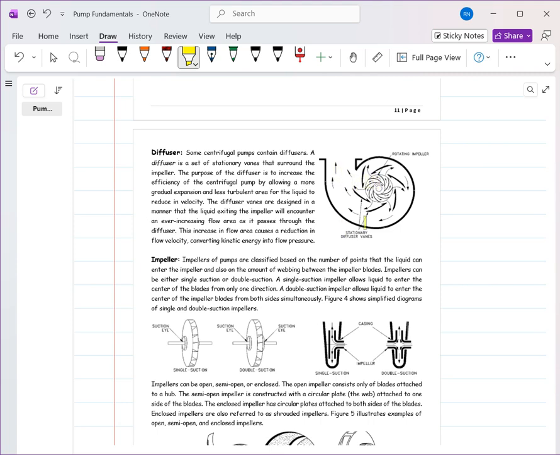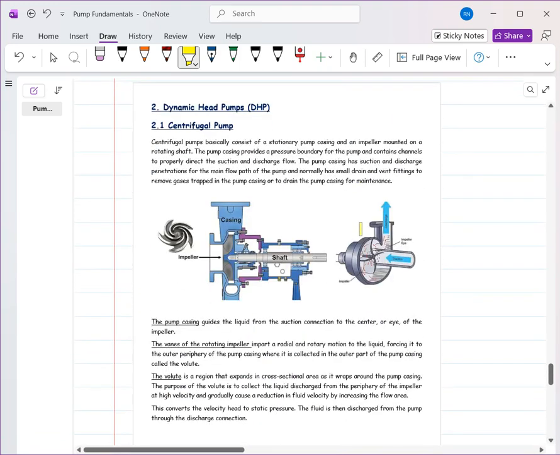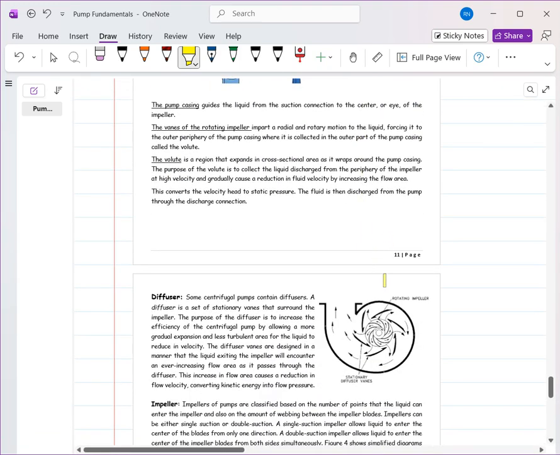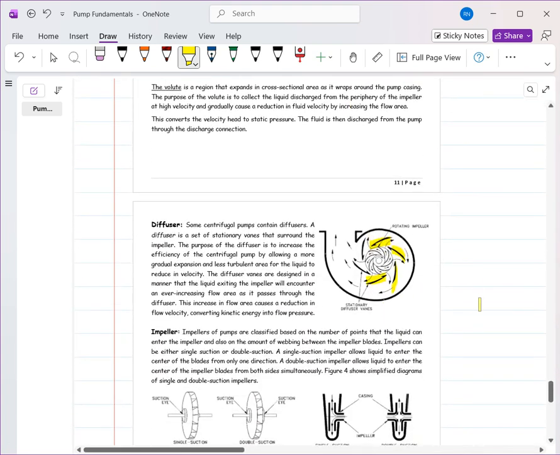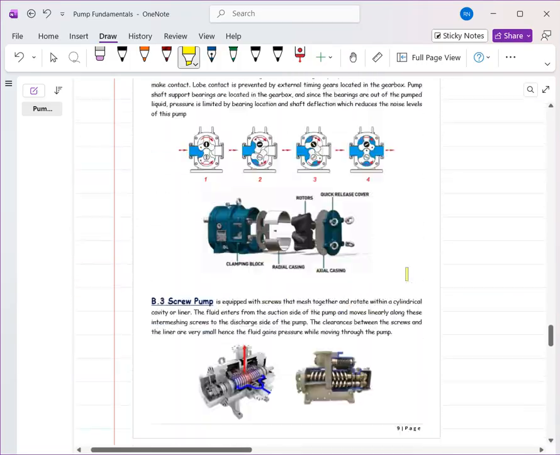These are called the vanes, right? In this pump, the addition of energy to the liquid occurs when the liquid flows in a radial path, right?